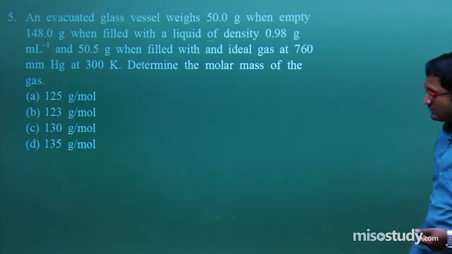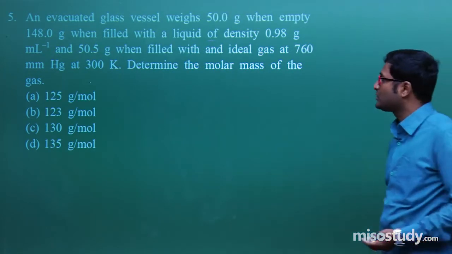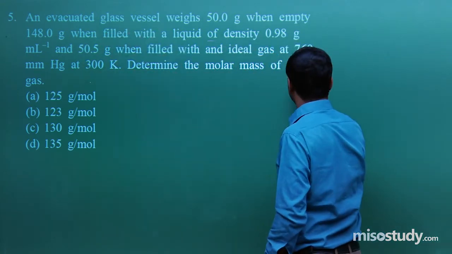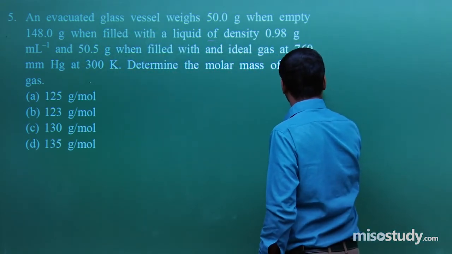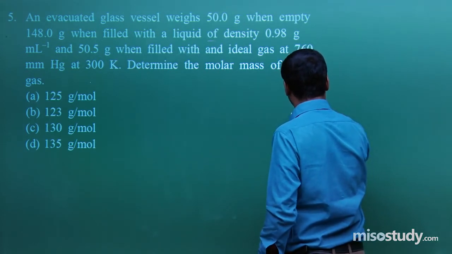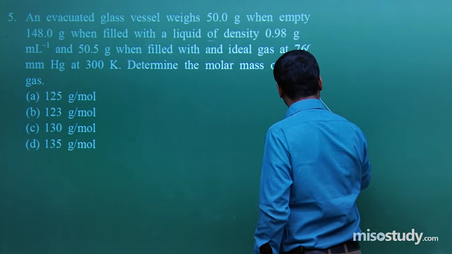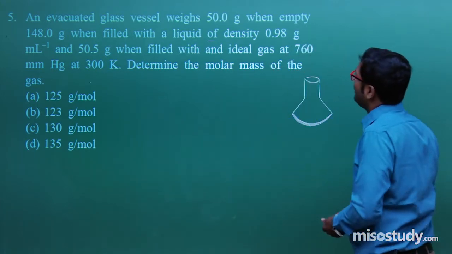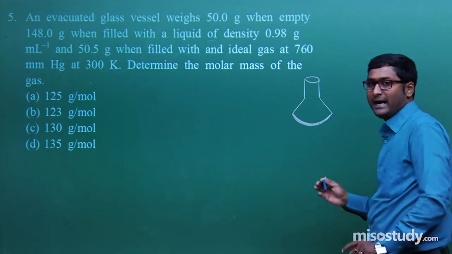The next question is, according to the question, an evacuated glass vessel. Suppose this is a glass vessel. Clear to you friend? This is an evacuated glass vessel weighing 50 gram when empty.